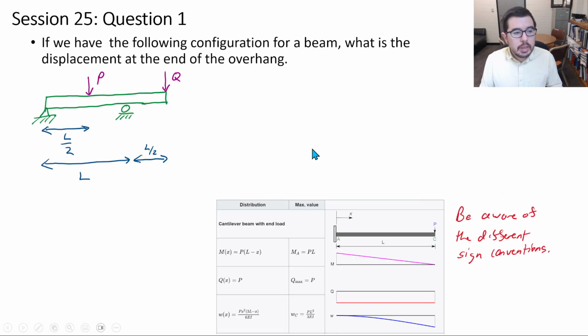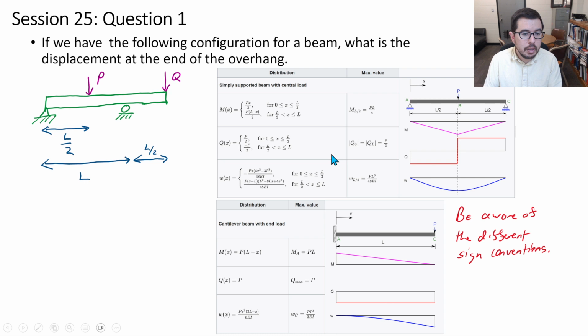It's question time. So here we have the following configuration for a beam, and a couple of helpers in terms of how to go about doing this. And the opportunity here is to use these expressions and use superposition to figure out what the displacement at the end of the overhang might be.